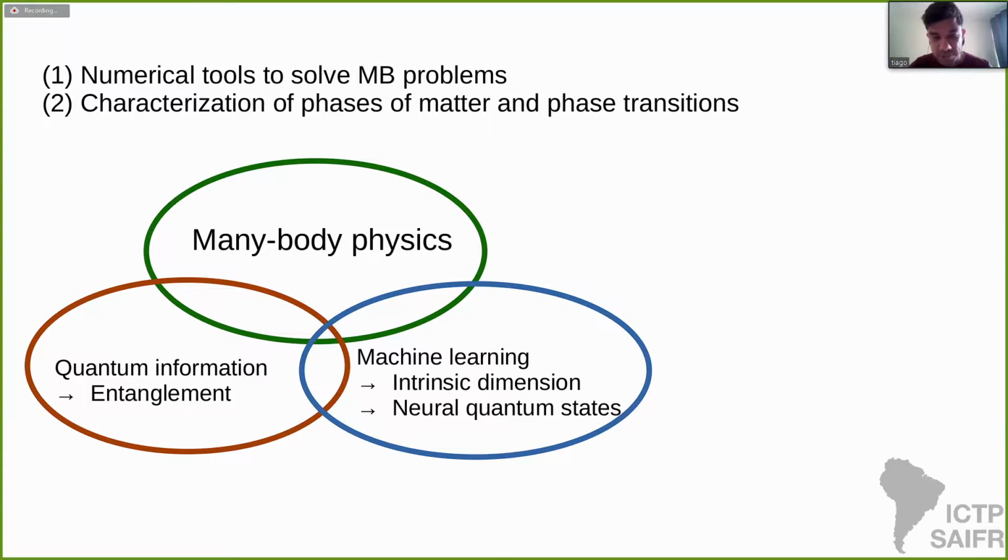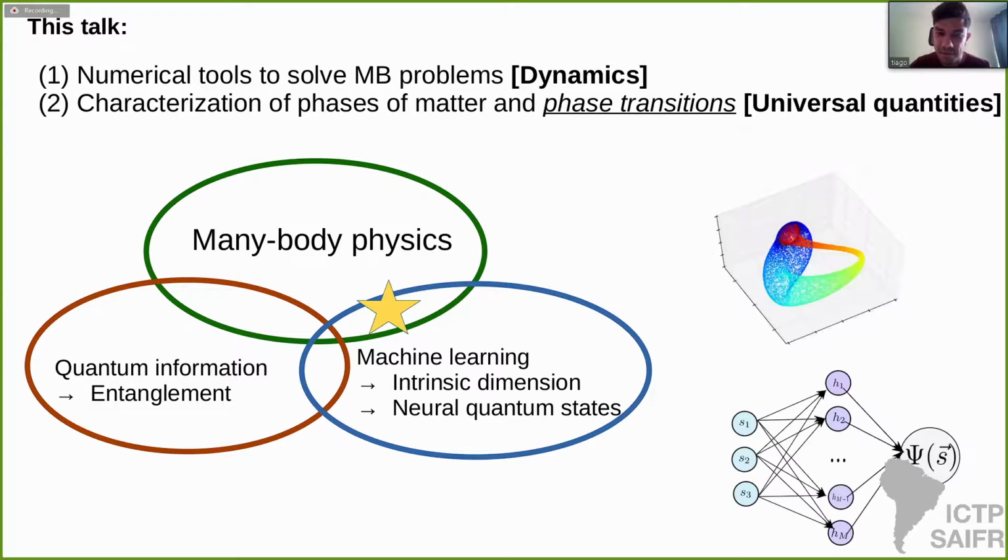More specifically, today we will focus on this part, and for that reason I put the title machine learning. I want to tell you about two problems that I recently worked on. The first is related to the characterization of phase transitions with the concept of intrinsic dimension, which I will discuss later.